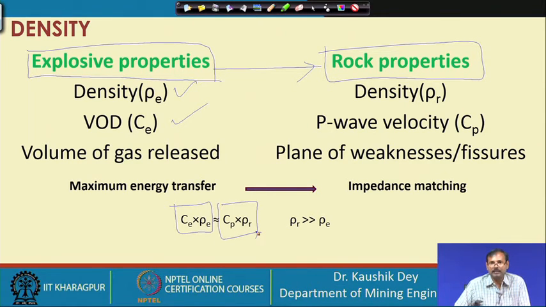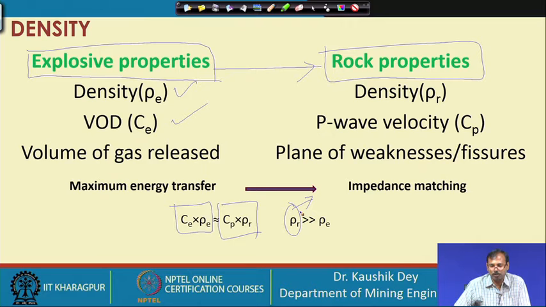But practically there are some problems. The first problem is that in general the rock density is very high. You have seen in the first lecture, where we described our mother earth and how it is constituted, that the density of the earth increases towards the core and is less at the surface.